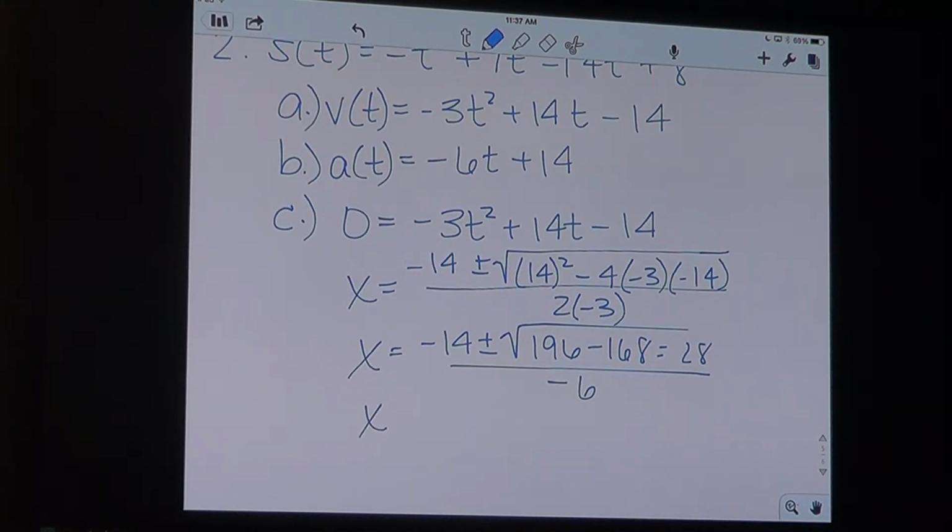So we're going to have decimals here. I guess it's actually t, not x.